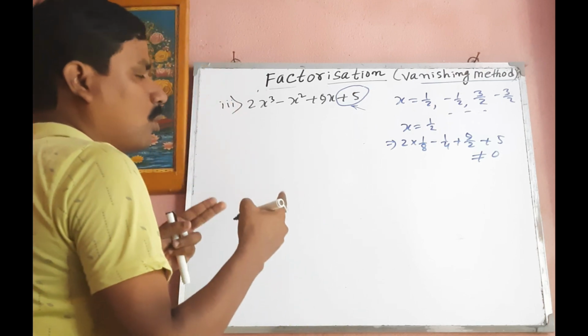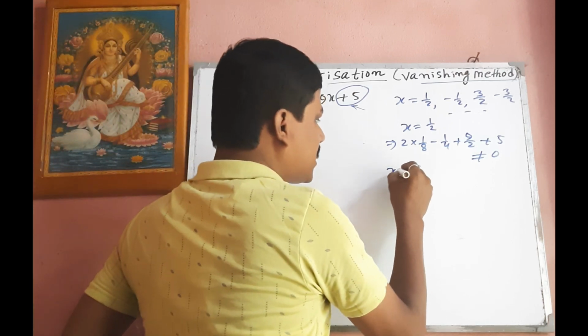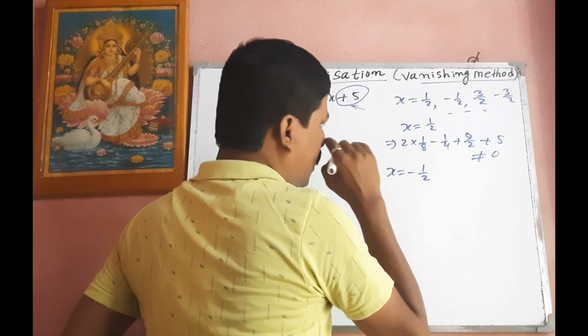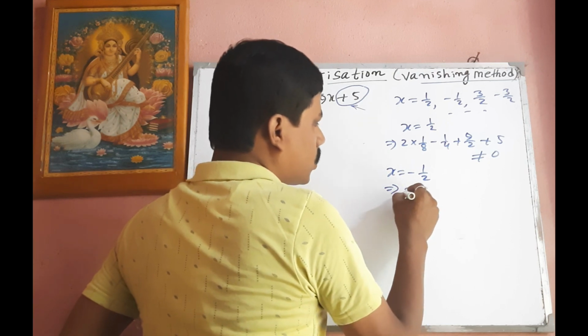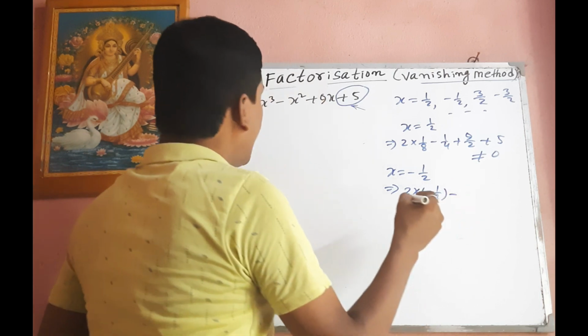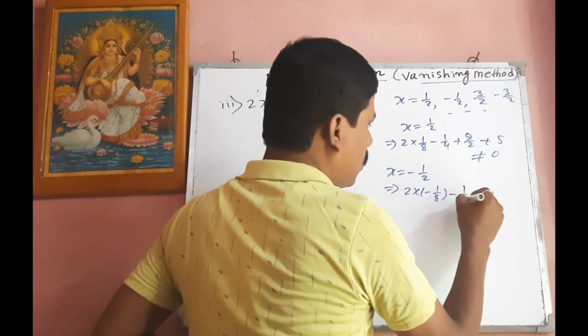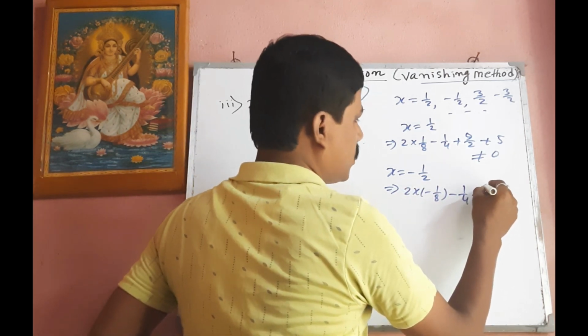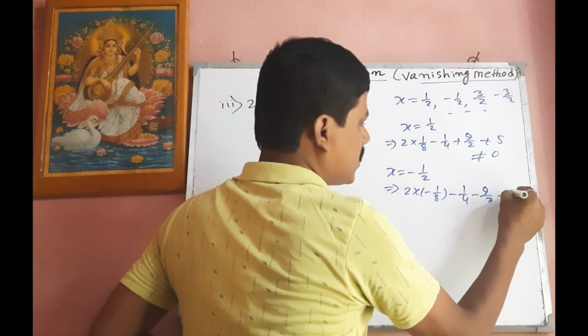So this is not equal to 0. Then we move to the next part, that is x is equal to minus half. Then we get 2 into minus 1 by 8 and minus 1 by 4 and minus 9 by 2 and plus 5 is there.